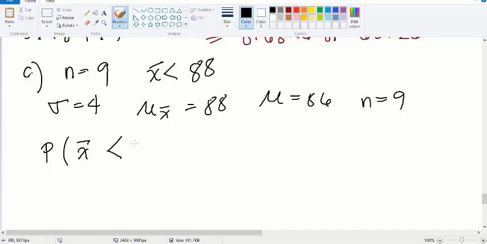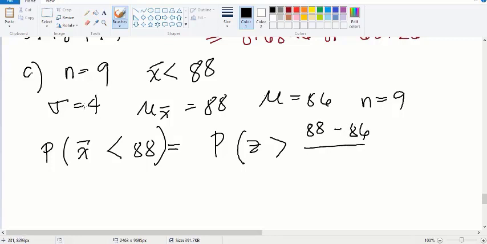Ang mean grade nila is less than 88. So, still the same thing, no? Tulad nung ginamit natin sa number 1. However, remember that the standard deviation is not just this. Kasi nga, sample mean na ang pinag-uusapan natin. So, the standard deviation should be sigma over square root of n.